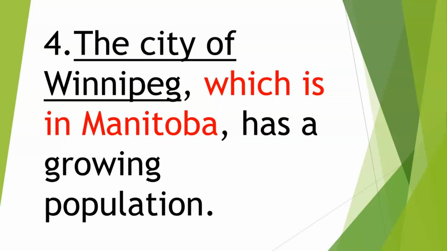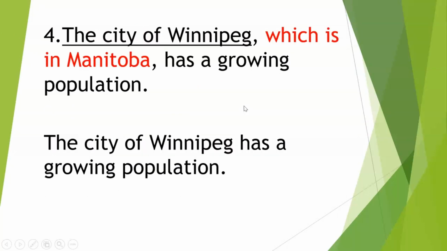The city of Winnipeg is a place, so it's a thing, and so we can use the pronoun which. Again, we can say the city of Winnipeg, which is in Manitoba, has a growing population, or we can say the city of Winnipeg has a growing population.